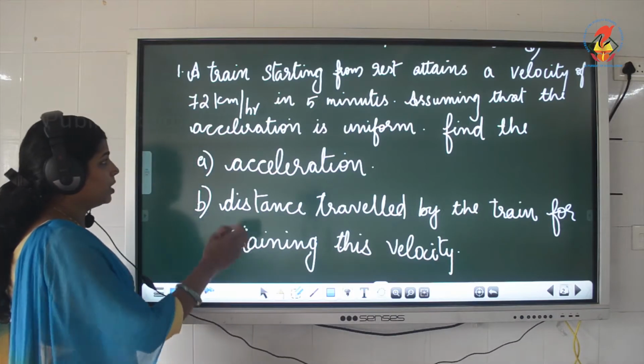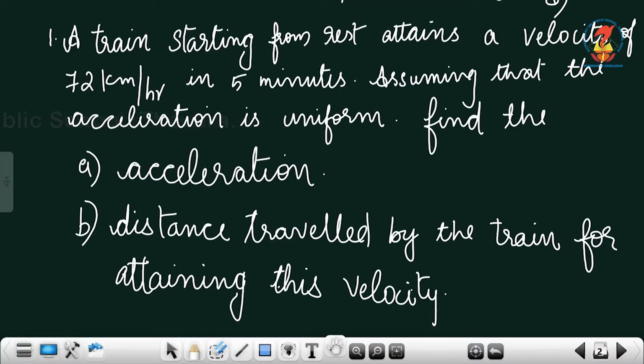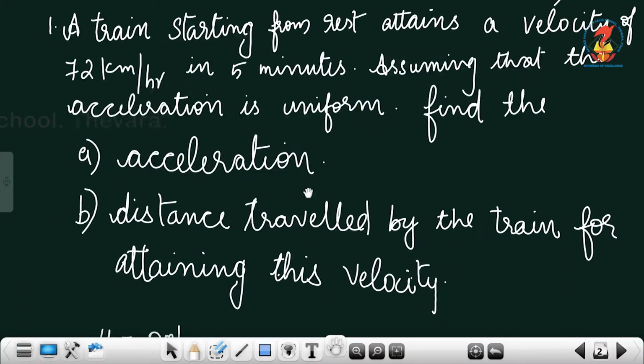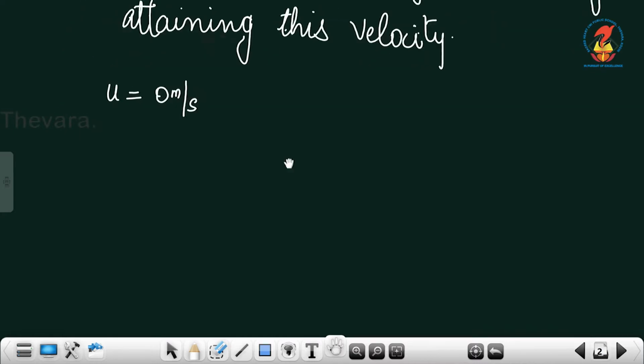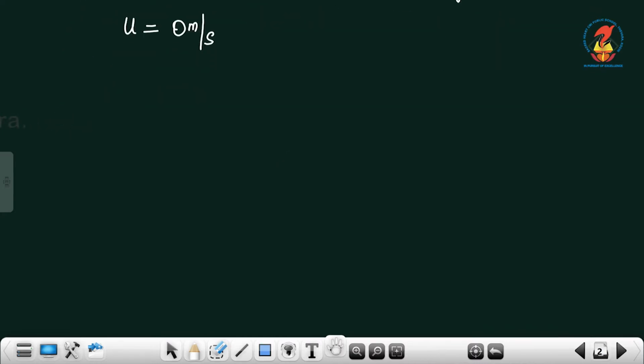Now, what's the first one? Find the acceleration. So, starting from rest, initial velocity is 0.